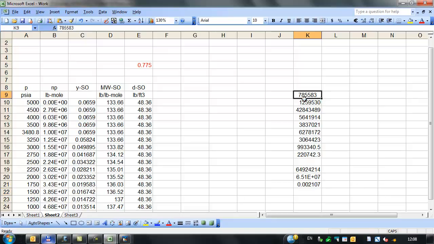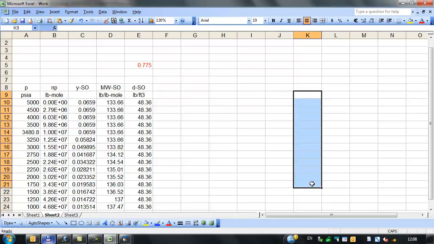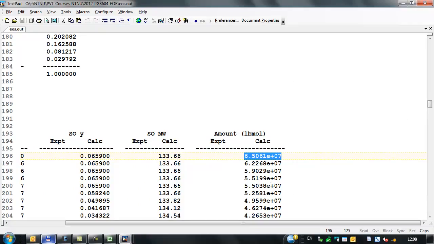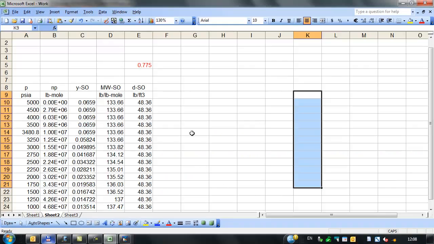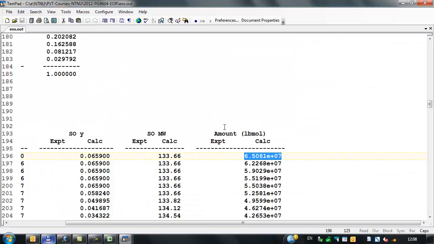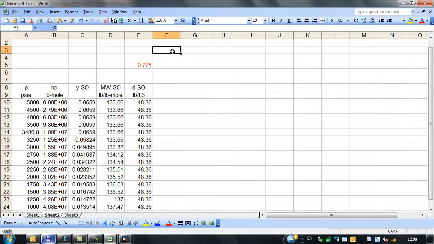All right. Okay, so then 65061, 10 to the 7th. Initial moles.